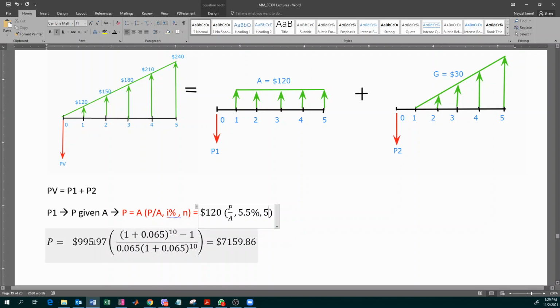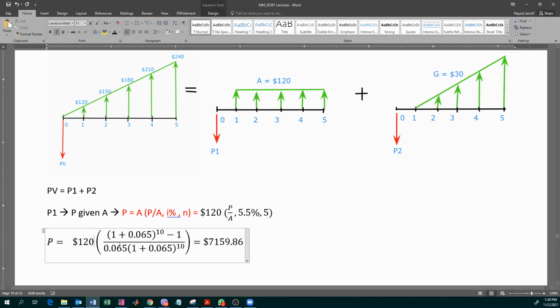All right, so what we have here, we put 120, we put 5, that'll be 5 years.